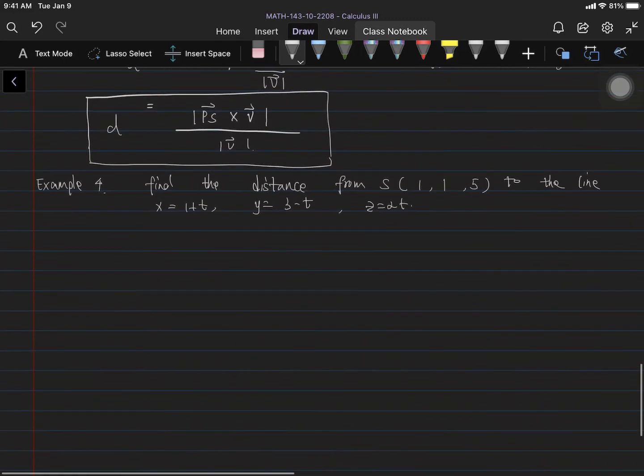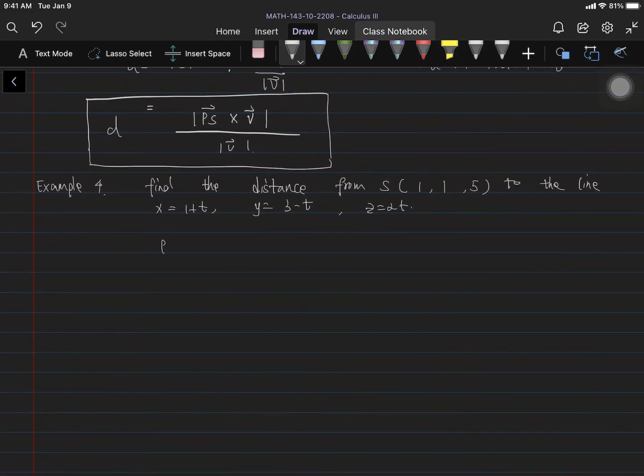Firstly, we know the point P should be 1, 3, 0. From the parametric equations, we can see the line passes through this point, right? And the direction vector V is 1, negative 1, 2.